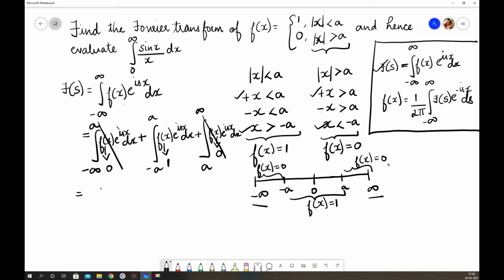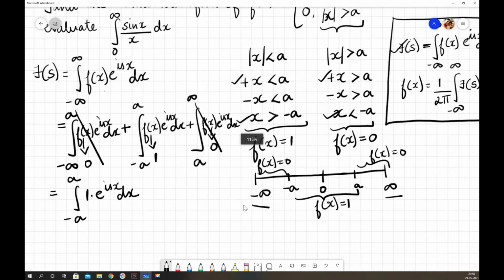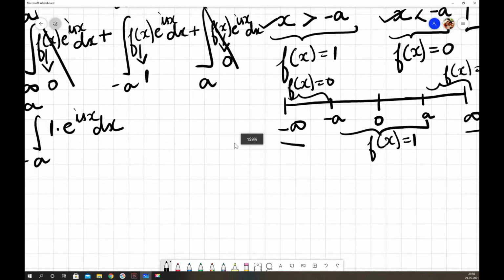So what is remaining? Minus a to a. The value of f of x is 1, so we have the integral of 1 times e to the power isx dx. Now I need to solve this.